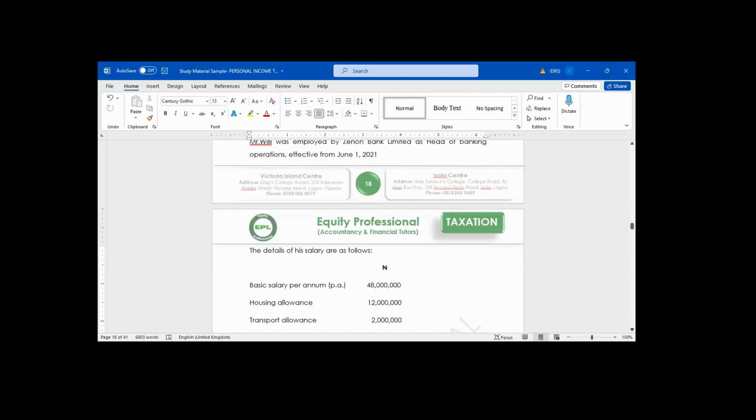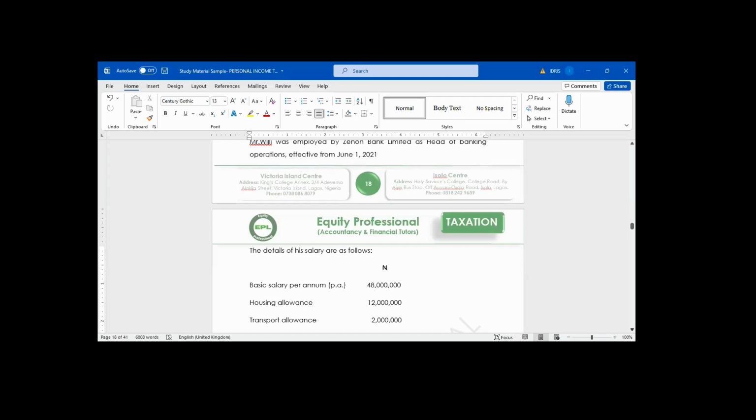Under earned income, we divide it into two: employment income and trade income. This is an employment income under earned income. And employment income is assessed to tax on what basis? Actual year basis. So this income given to us is for which year?